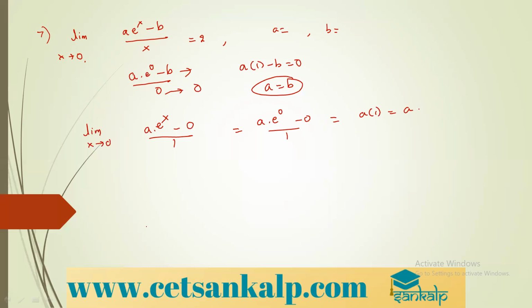So the limit, I got it as a. But here the limit they got 2. That means I can take a as 2 and b also as 2 because a equal to b they said.